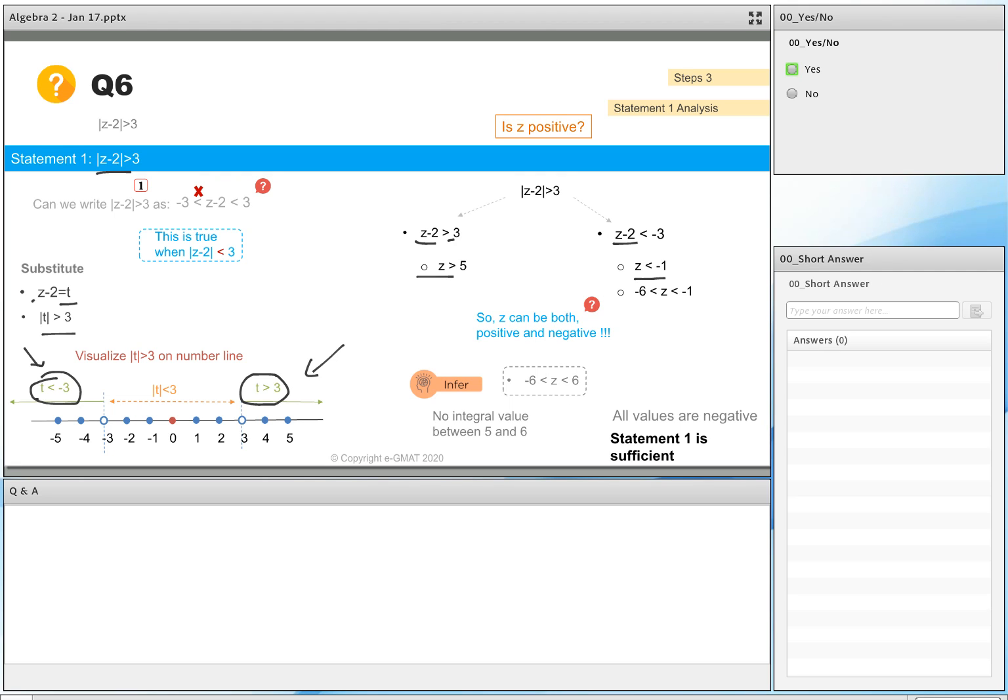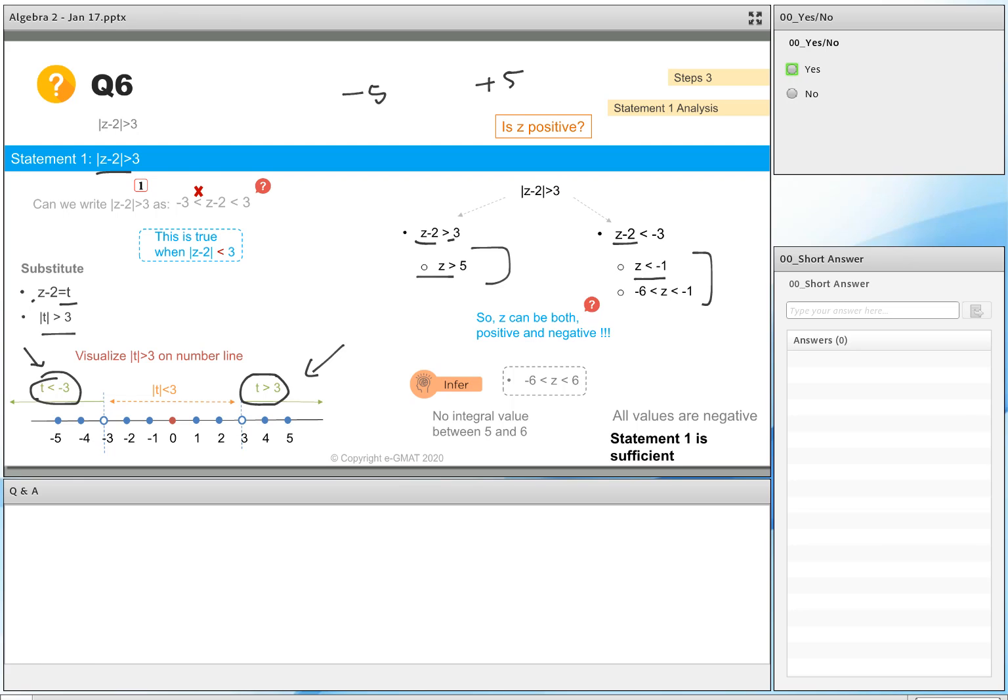Now we had the 11 values, remember, from -5 to +5, that we had from the question stem. From the second case, z is a negative number, and from the first part, z is a positive number. So z can be both positive and negative.